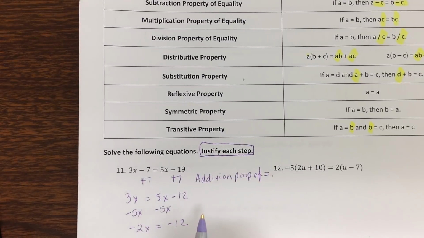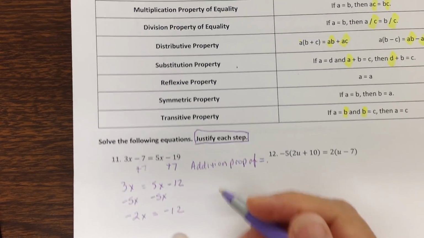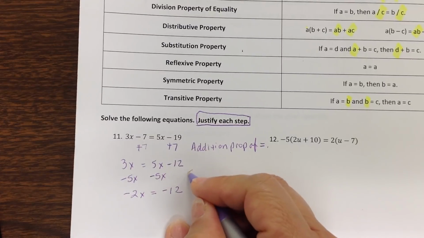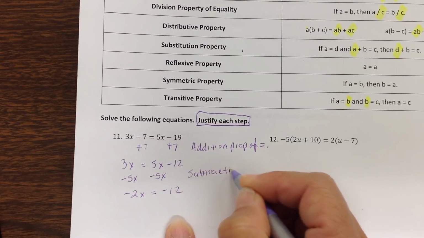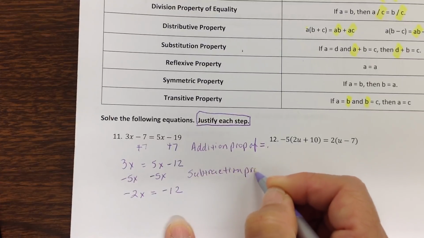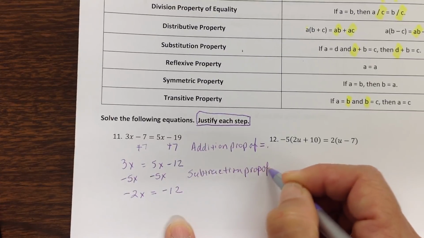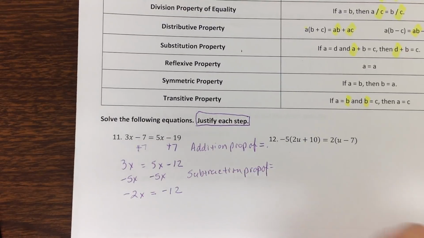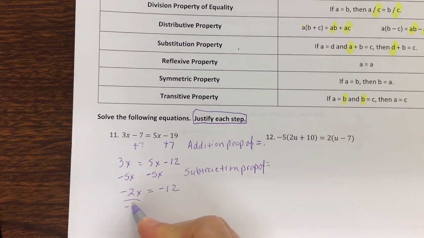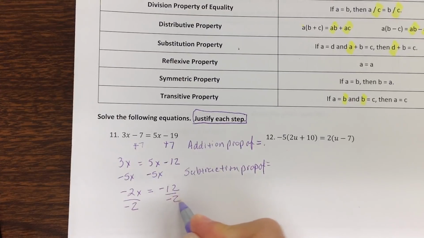And again, how can I do that? I can do that because of the subtraction property of equality. Okay? And then once I get to this step, I'm going to end up dividing both by negative 2, which will give me x is equal to 6.